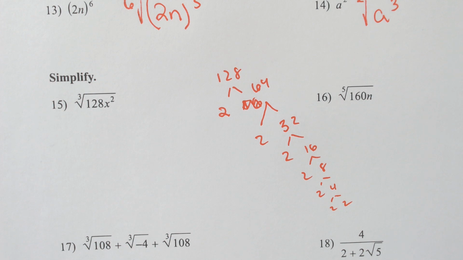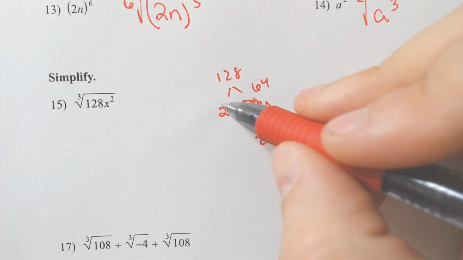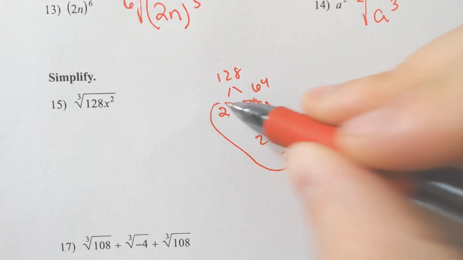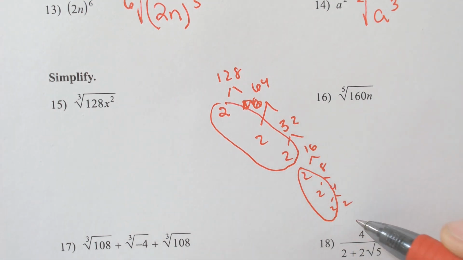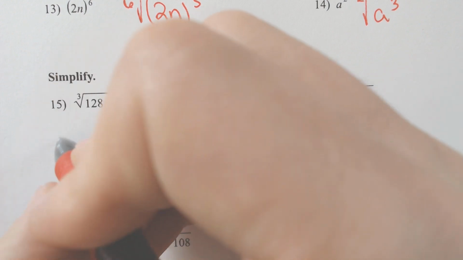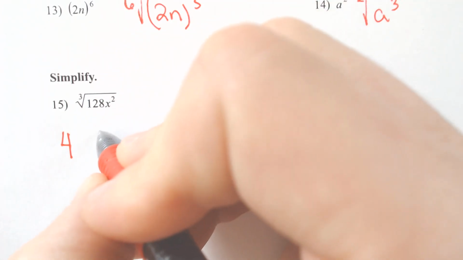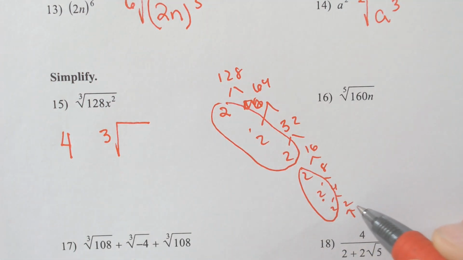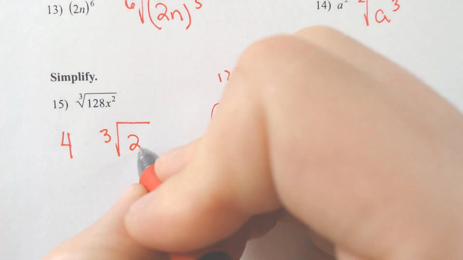A lot of 2s. We're looking for the cube root, so we need 3 of a kind. We have 3 of a kind here, and 3 of a kind there, and then 1 lonely 2 left over. So 2 times 2 gives us 4 cube root of what was left over, which in this case is a 2.